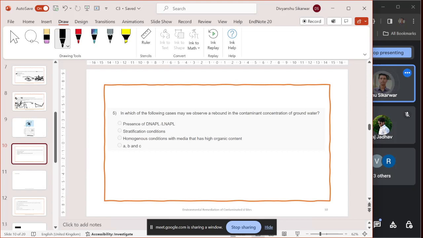This is the next problem. In which of the following cases may we observe a rebound in contaminant concentration of groundwater?